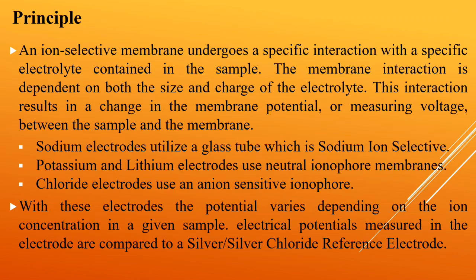Coming to the principle of the ion selective electrode: the instrument contains ion selective membranes which undergo a specific interaction with a specific electrolyte contained in a sample. The membrane interaction depends on both the size and charge of the electrolyte, here sodium, potassium and lithium.